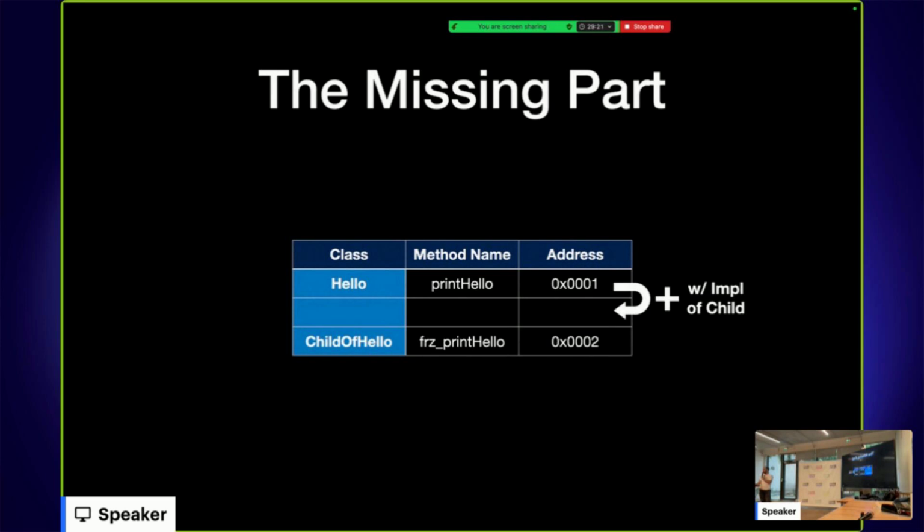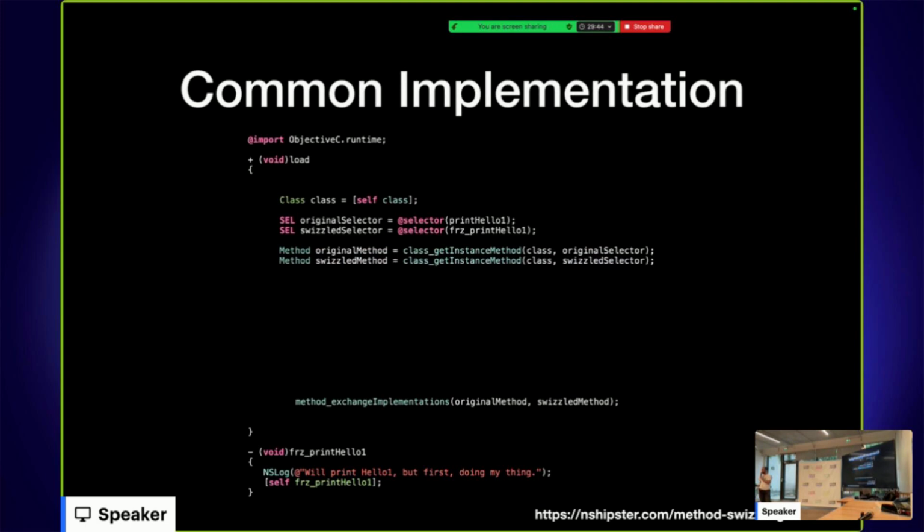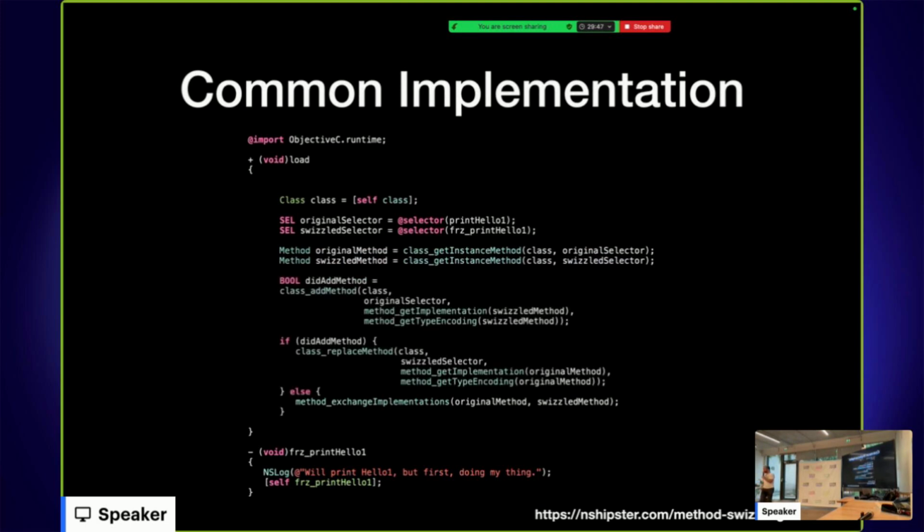So you have to first add the method printHello inside the child, and then you can exchange the implementation with the child. So now the child's swizzlePrintHello will call the original printHello, and it works. It's a bit complex. Even I have trouble following. Anyway, so that's the end of the method.